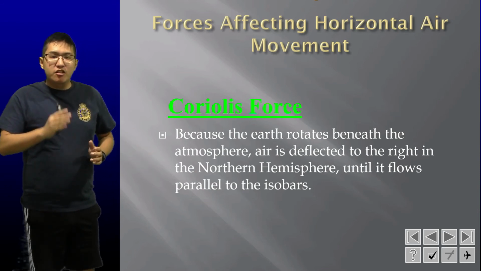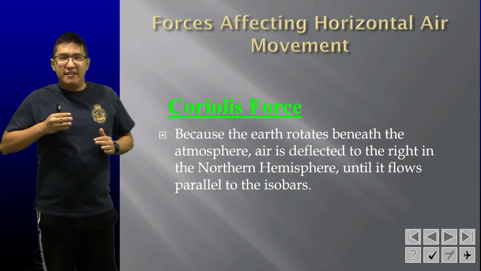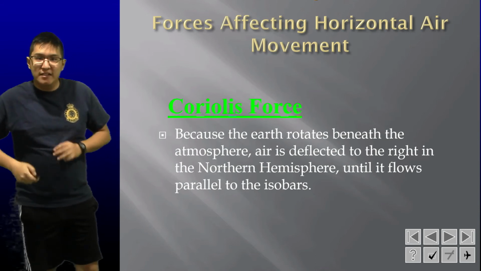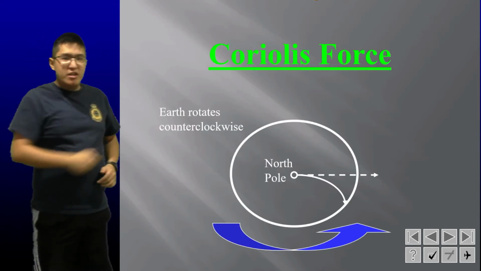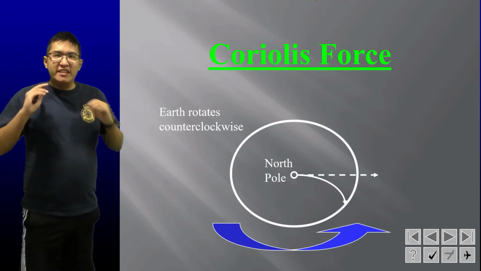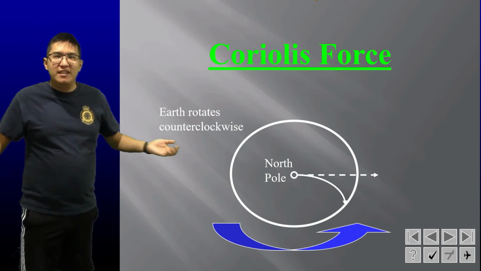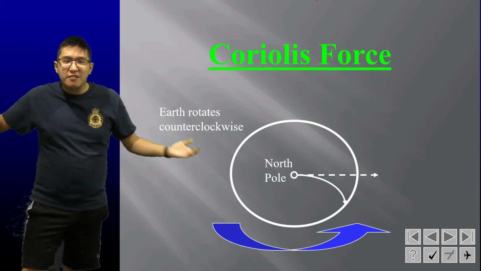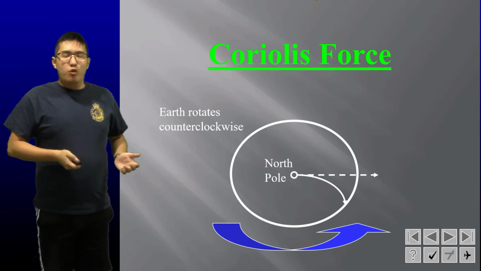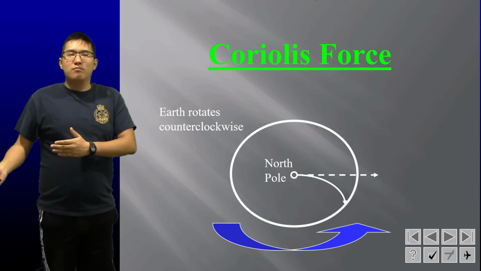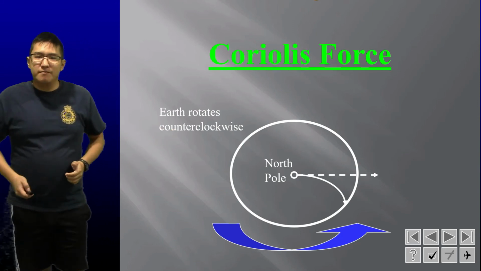So air actually doesn't go in a straight line. It's ever so slightly deflected to the right. As you can see in this picture right here, because the Earth rotates counterclockwise, and physics, inertia, and rotational bodies and whatnot, the wind will tend to be deflected to the right slightly.